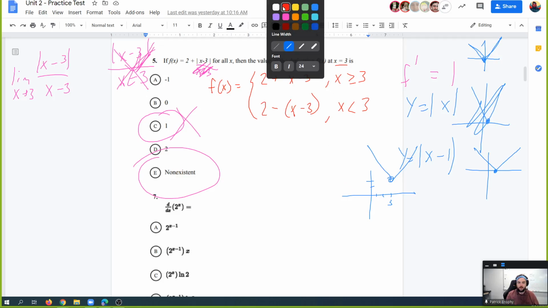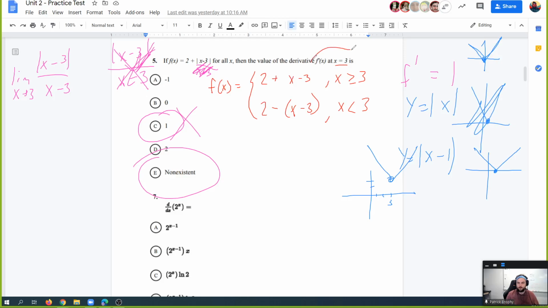So this was kind of a trick question. Your derivative at 3, with the absolute value of x minus 3, is going to be a sharp turn. You don't even have to really derive it; you should just know.